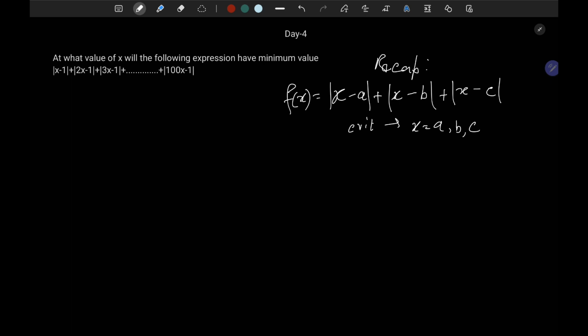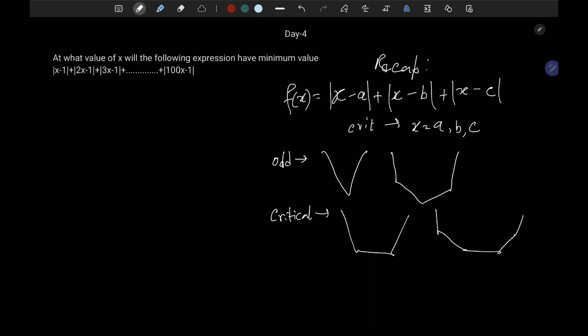If the number of critical points is odd, we have a graph with a pointed bottom, like this or this. When we had an even number of critical points, the graph looked like this or like this, and so on.